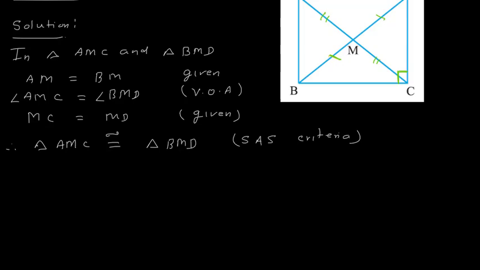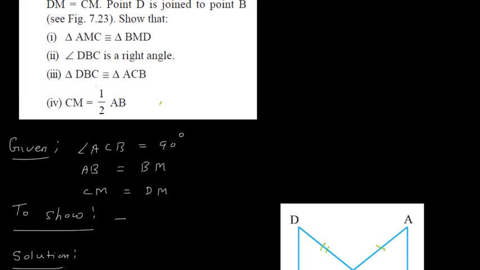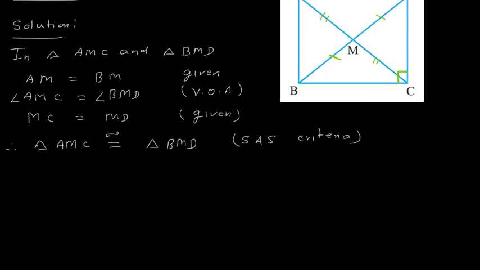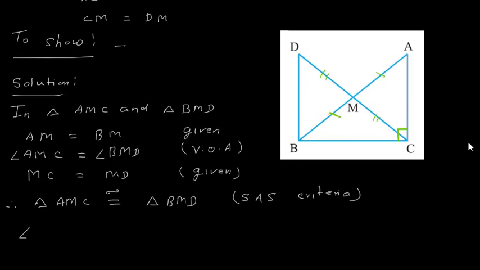Next part is we have to show one angle is a right angle. So before that, from this what can I conclude? I can conclude that, from triangle AMC, angle MAC is equal to angle MBD.